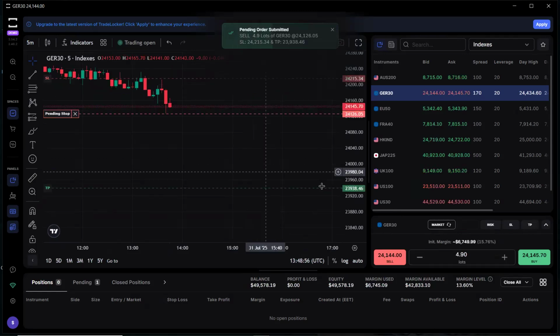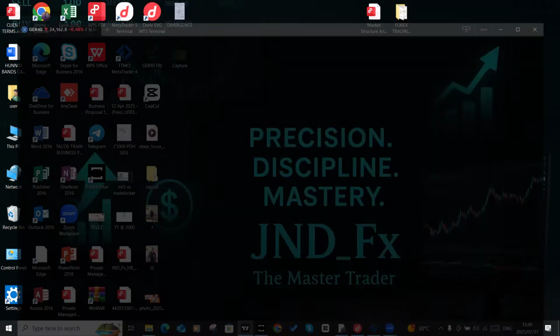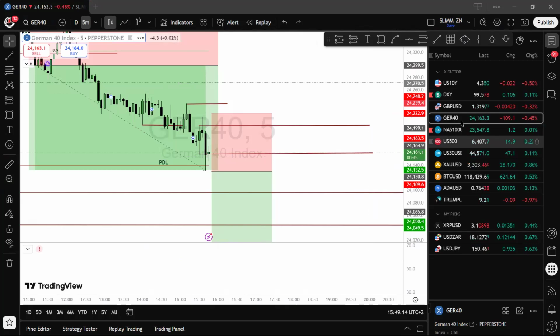My TP, if you notice, is slightly below 24,000. So if price gets to 24K, I'll just figure out if I have to close it there or if I can hold. I'll just see. That's if it triggers also. So we're just going to keep an eye on it. So we've got a sell stop there.